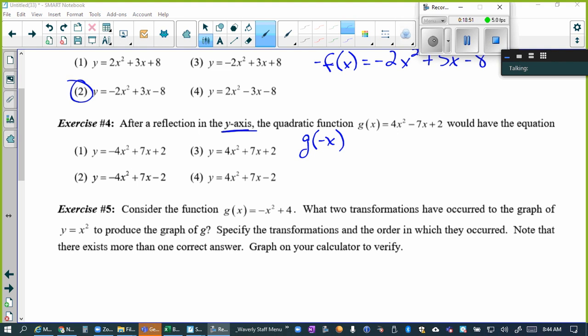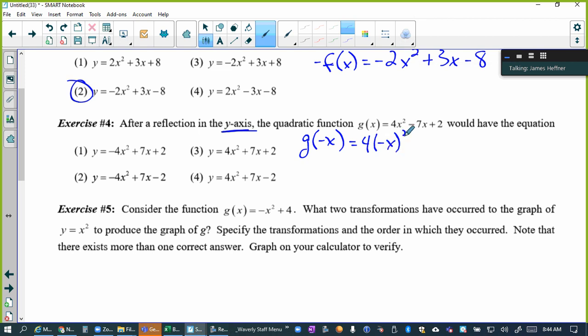No, we better go through this one. That would be 4 times negative x squared, minus 7 times negative x, plus 2. So g of negative x will equal, this negative x squared, if you square it, it's just going to be positive x squared.